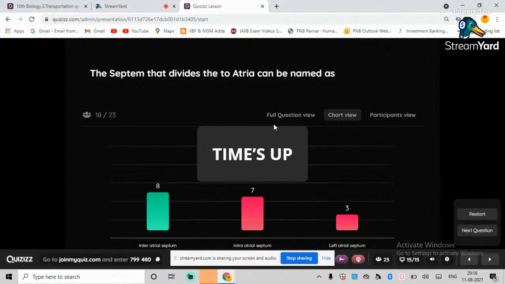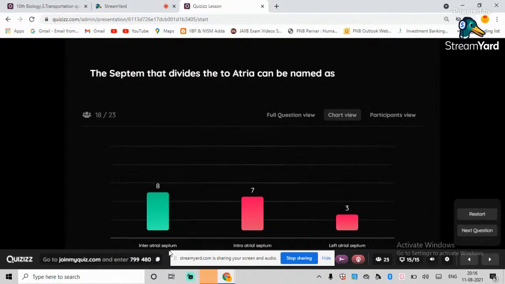Time's up. So the correct answer is interatrial septum. So from here we completed the quiz. Let's see the leaderboard.